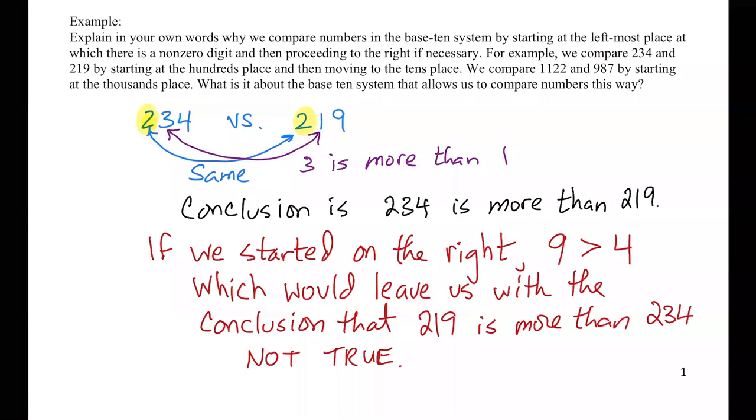So there's the fact that it's just not going to give you the right answer, but it doesn't really answer the question of what it is about the base 10 system that allows us to compare numbers in this way.